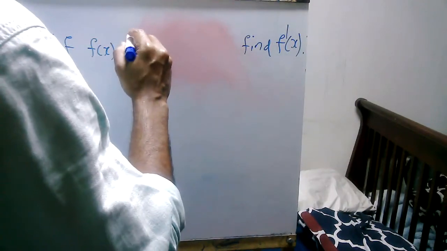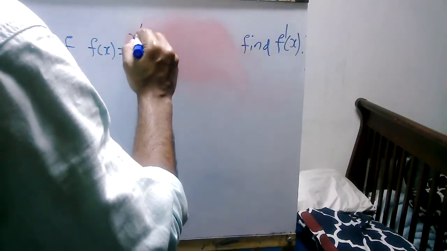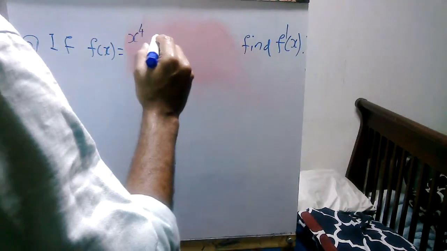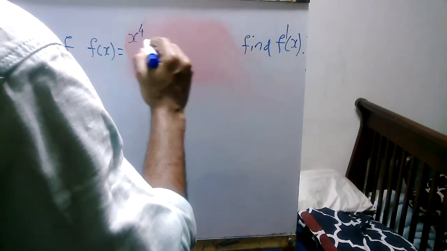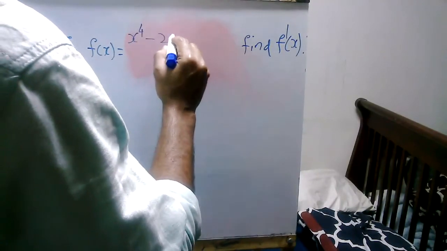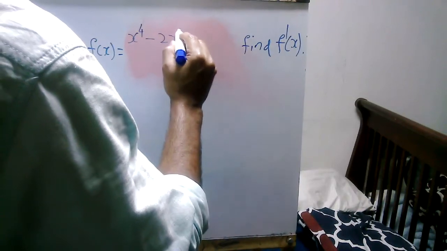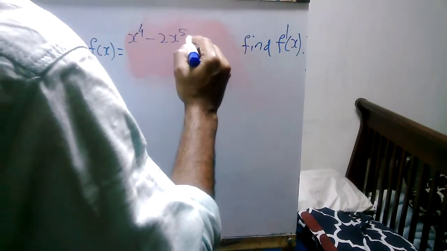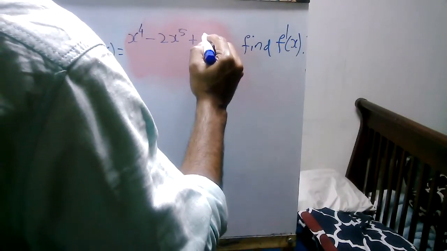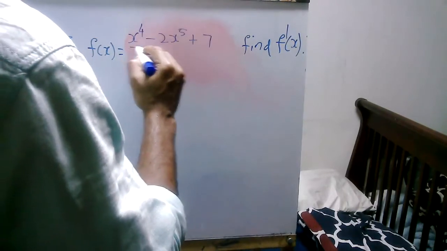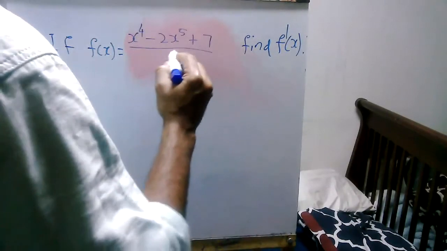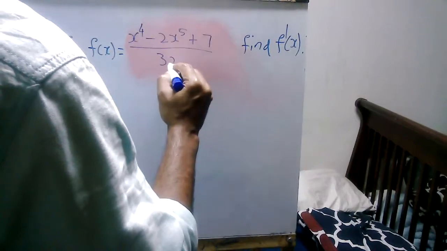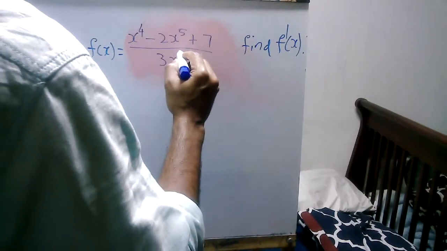X to the 4 minus 2x to the 5 plus 7, divided by 3x squared.